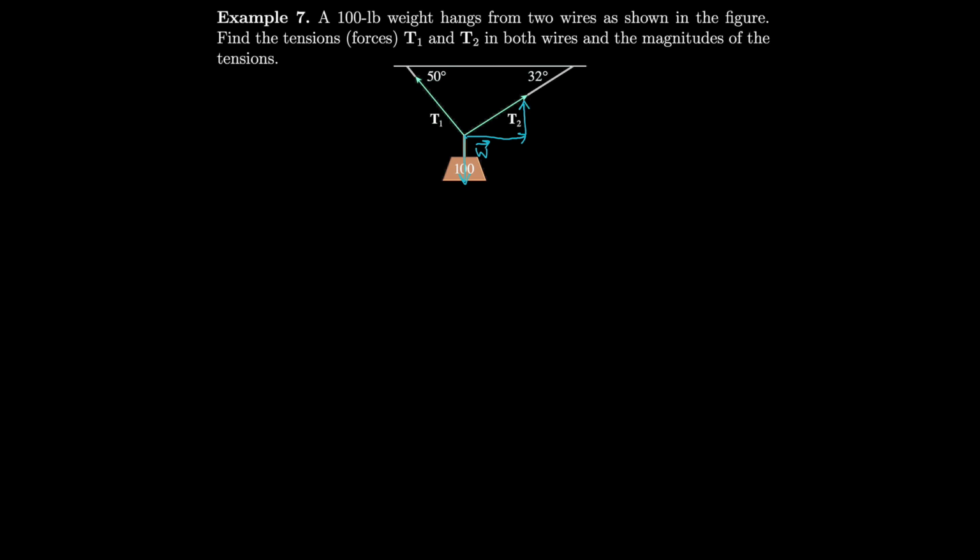So because this angle up over here is an alternate interior angle to this angle over here, this must be 32 also. Similarly, I could draw up over here and see that this angle over here must be 50.